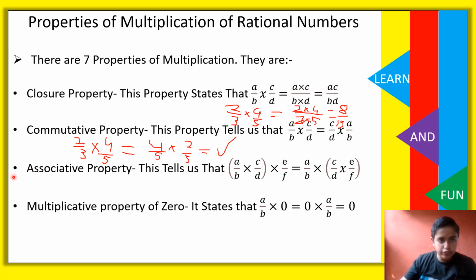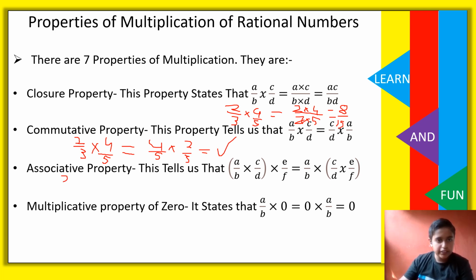Now we'll move to the associative property. This tells us that A upon B into C upon D, where A upon B and C upon D are in brackets, into E upon F, is equal to A upon B into, in brackets, C upon D into E upon F. We can do this without writing it out, but I'll show you.